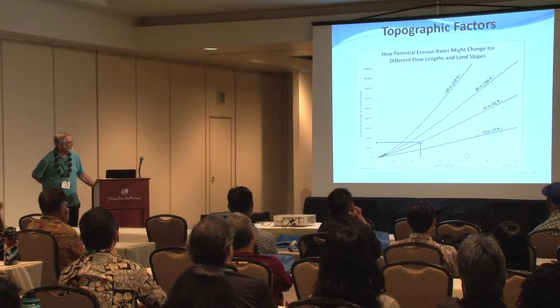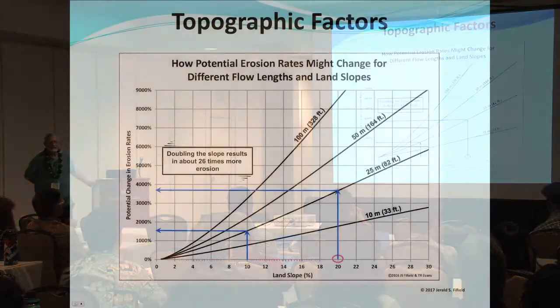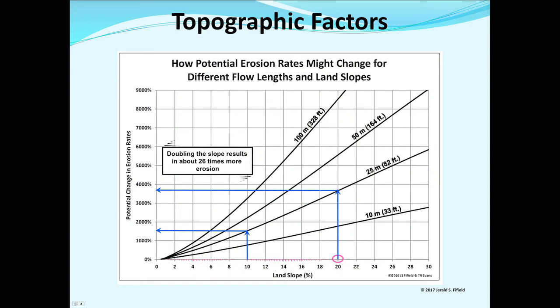You go over here and double this slope, you end up seeing that you're going to get 26 times more erosion on a steep slope. This is why I say always, always do erosion control on your projects, not at the end of the project, during the project. And it can be done. It will actually save money in the long run.